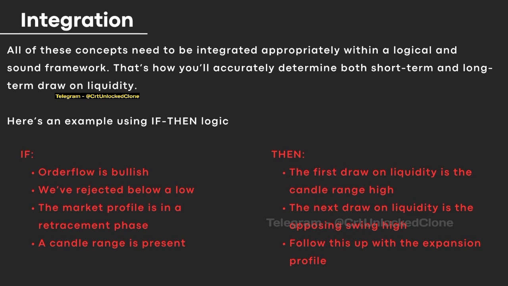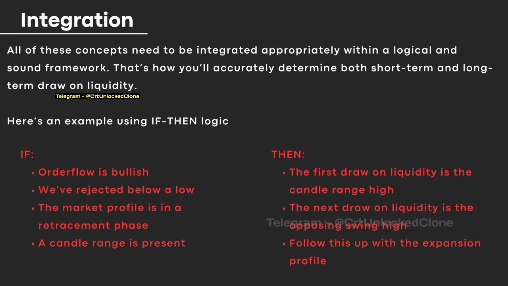Once all of the concepts that I mentioned earlier are integrated accurately and logically around a logical framework, only then will you be able to accurately and precisely determine your drawn liquidity. And for that, you'll use the if-and-then logic to assist you. For example, if the order flow is bullish, you have to first of all use the if matrix of the hypothesis.